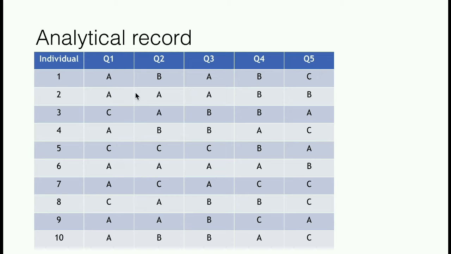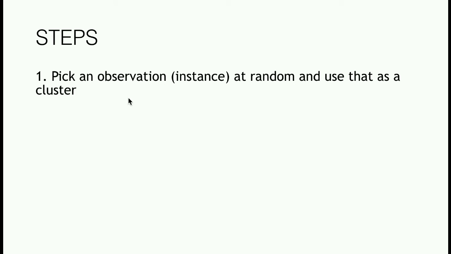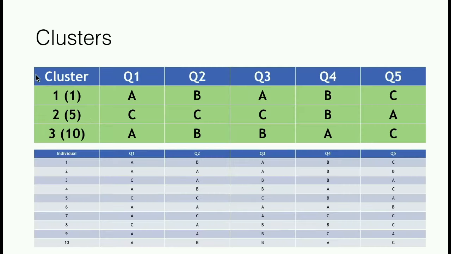So when we look at this analytical record, we're going to look at these steps that I've mentioned. The first step is to pick an observation at random, or instance, whatever you call it, and use that as a cluster. So for cluster 1, I picked to do 3 clusters. I picked 3 arbitrarily.